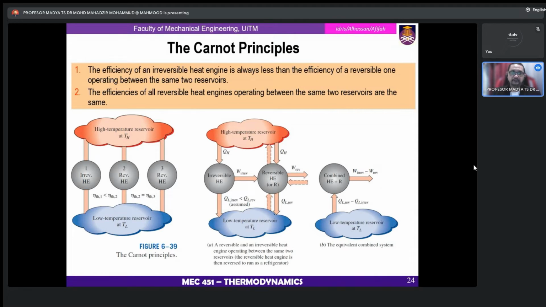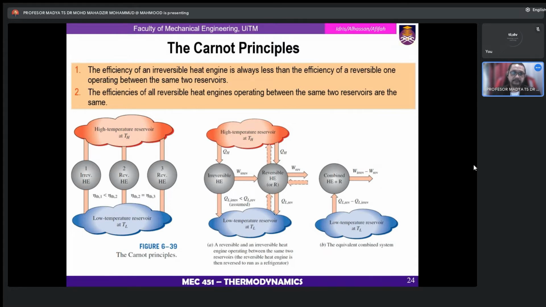Number two, the efficiency of all reversible heat engines operating between the same two reservoirs is the same. These are the principles that you have to know when you want to make an analysis based on the Carnot cycle.